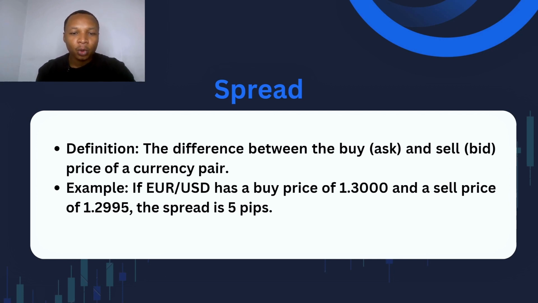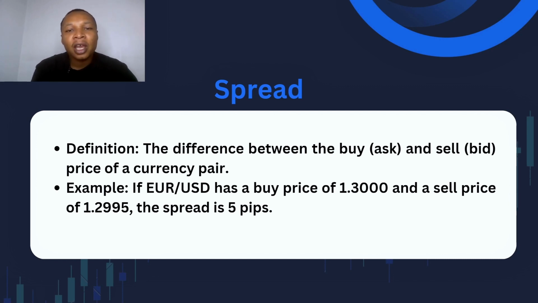So when we say there is a spread, what it means is the difference between what the broker is willing to buy from you and what the broker is willing to sell to you. It's going to make sense when we start using these terminologies in actual practice. If I want to buy the Euro USD, there's a particular price that the broker is willing to sell to me at.